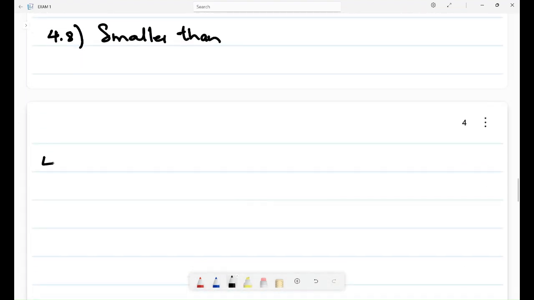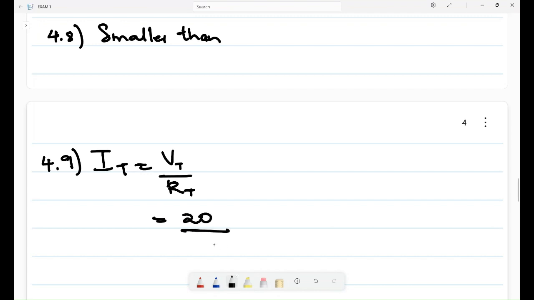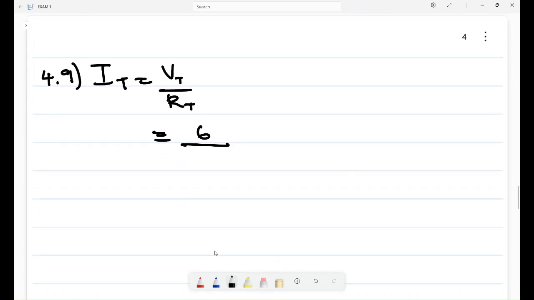How do I calculate I total? I is equal to V divided by R, but remember, it should be all the totals. What is my V total? My V total is 6. What is my R total? My R total is 20.